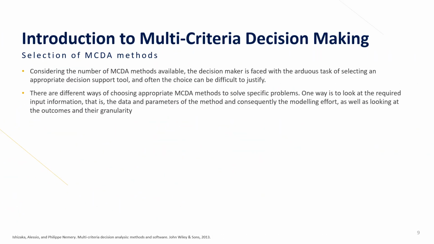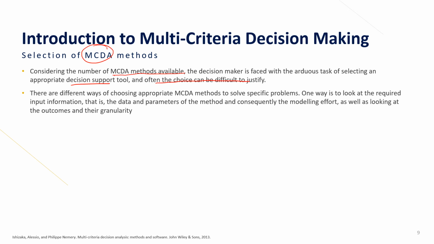In order to select which MCDA method is suitable for the problem that you are currently working on, another consideration is to consider the several MCDA methods available. A decision maker may have a dilemma selecting the appropriate decision tools, and often it is difficult to justify why I should use these approaches.